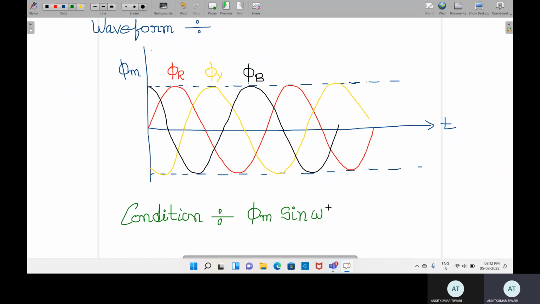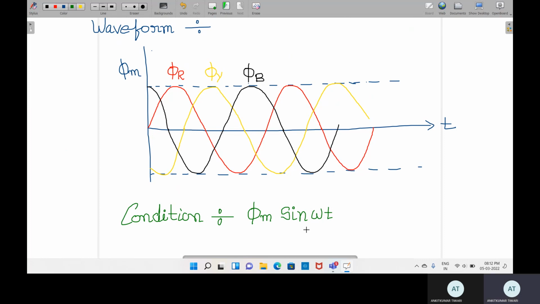Omega t means 120-degree because phi r is at 120-degree from phi y, and it is also 120-degree from phi b in reverse mode. But phi y is also 120-degree apart from phi r and phi b in two different modes. So each flux is at a 120-degree displacement from the other fluxes, and those are the sinusoidal quantities.